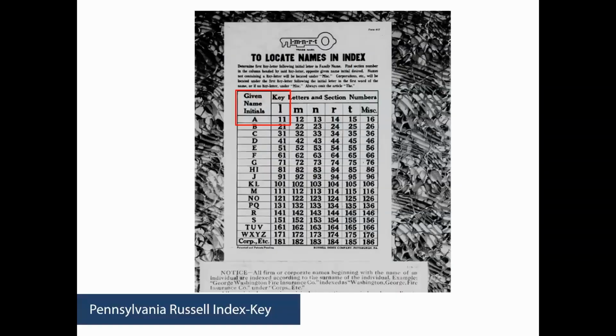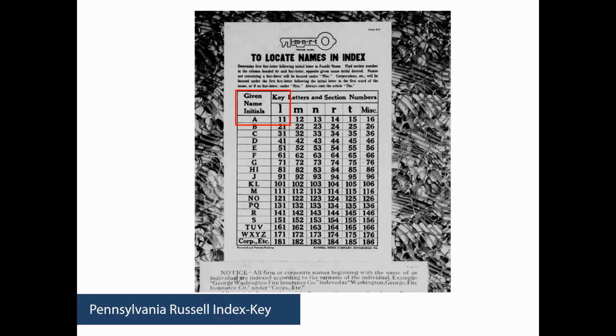So here's a Russell index key that we see in some Pennsylvania records, where you have the LMNRT at the very top, as well as miscellaneous, and then you have your given name initials. So you basically have to go across.